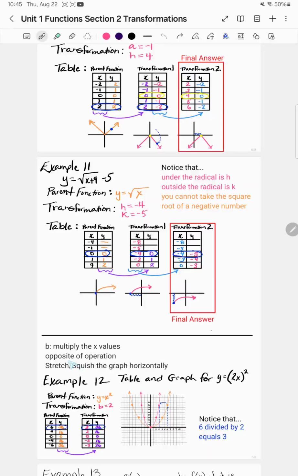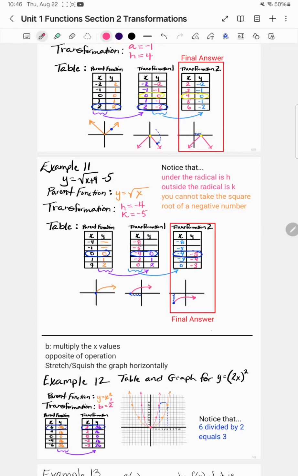Okay, so b tells me I'm going to change the x values. So my y values are going to get copied over and be exactly the same. And each x value is going to be edited to adjust to what the transformation tells me to do.